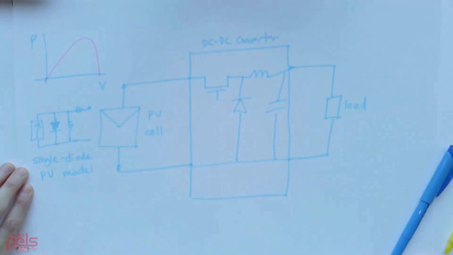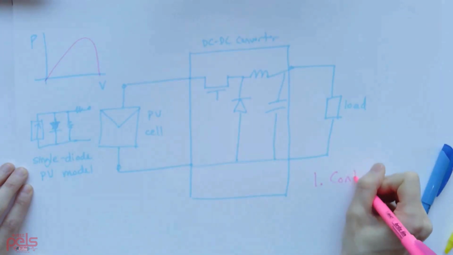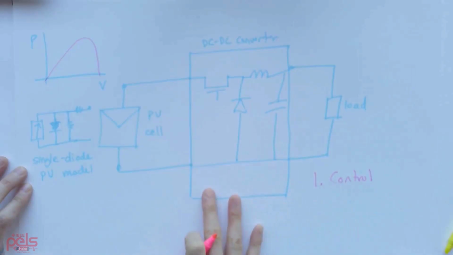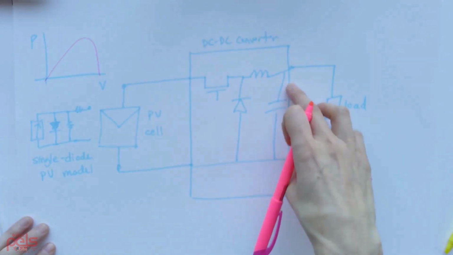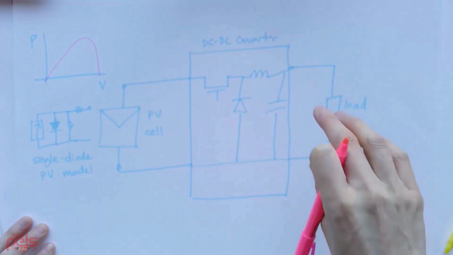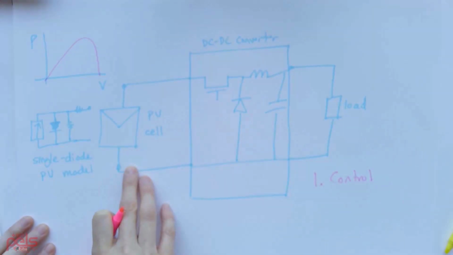So I want to emphasize two things. One is control. When we have a DC-DC converter, conventionally, we're often taught that we're controlling the output. In this case, though, we are not usually controlling the output, we're actually controlling the input.